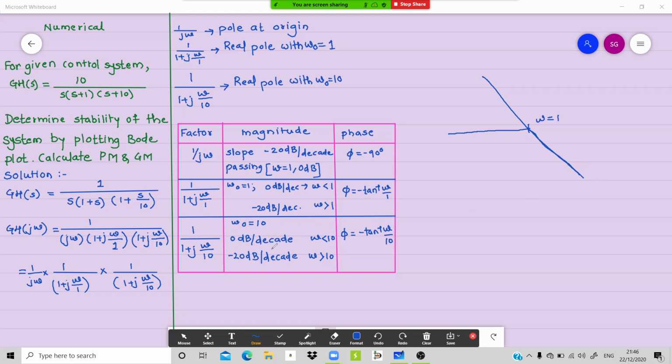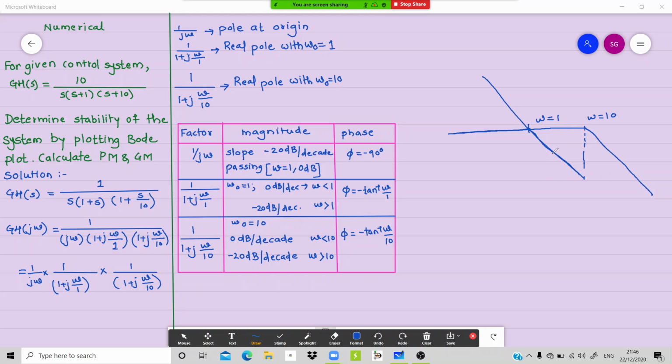Now see the third factor, omega equal to 10. Again it is still 0 until omega equal to 10, but from this point onwards, you will find this is also having minus 20 dB addition for this frequency onward.